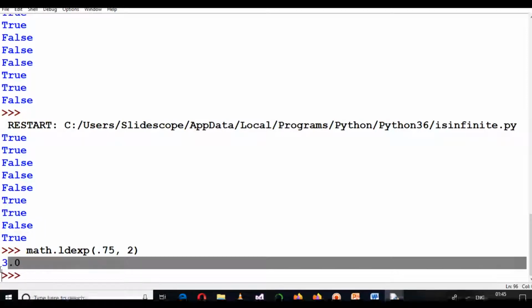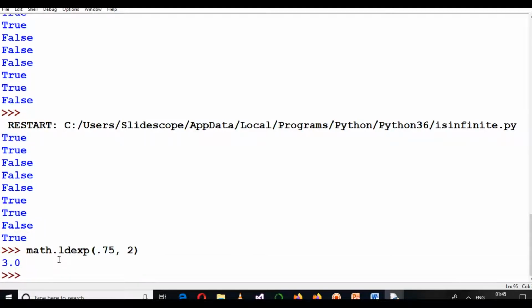So now you will get 3. If you use frexp, then you will get the mantissa and exponent. If you know the mantissa and exponent, you can write them as parameters in this ldexp method, and then you will get that particular number. So this is the work of the ldexp method.